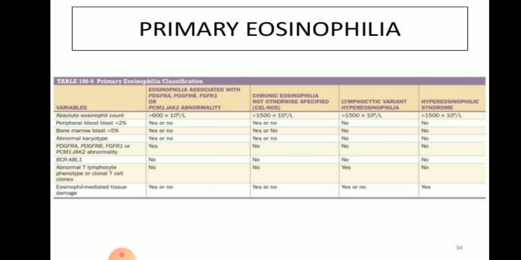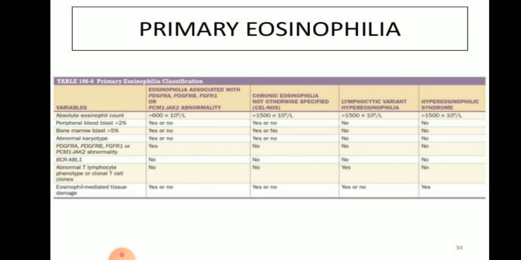These are 4 types of primary eosinophilia. Eosinophilia associated with platelet-derived growth factor receptor A, receptor B, PCM1-JAK2 abnormalities. Second one is chronic eosinophilic leukemia not otherwise specified. Third one is lymphocytic variant hypereosinophilia, and fourth one is hypereosinophilic syndrome.